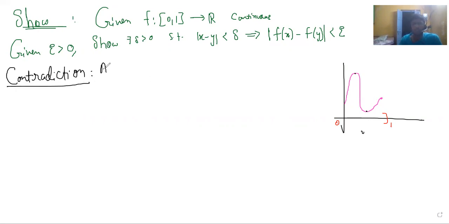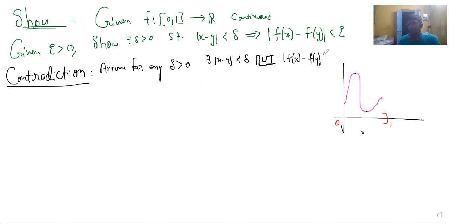So assume, again epsilon is fixed, that for any delta greater than 0, there exist x and y whose distance is less than delta, but the distance between the function values is more than epsilon.